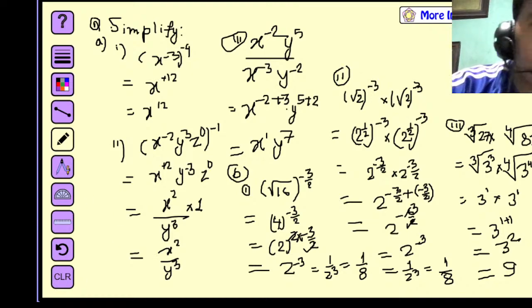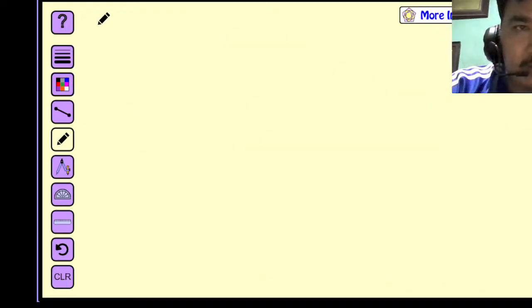Look, now I am going to solve the same type, but that is C number 1. I'm solving C number 1.